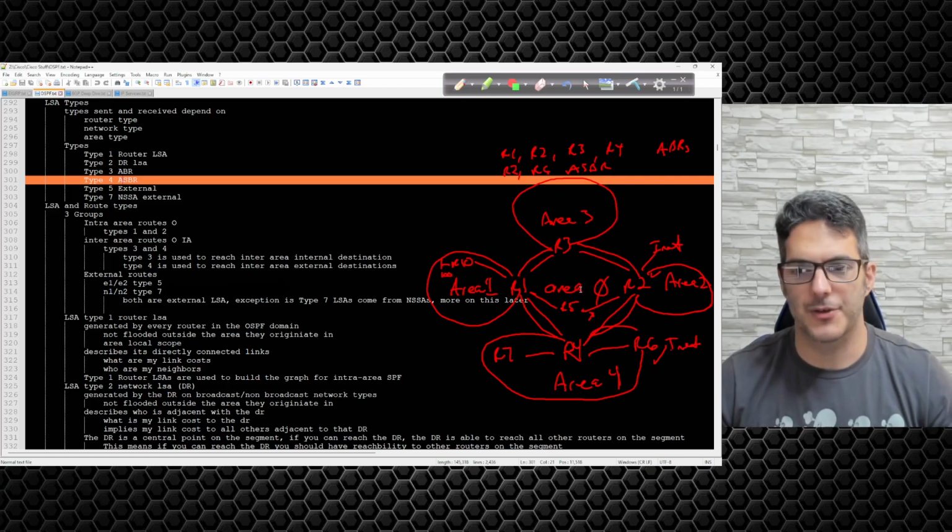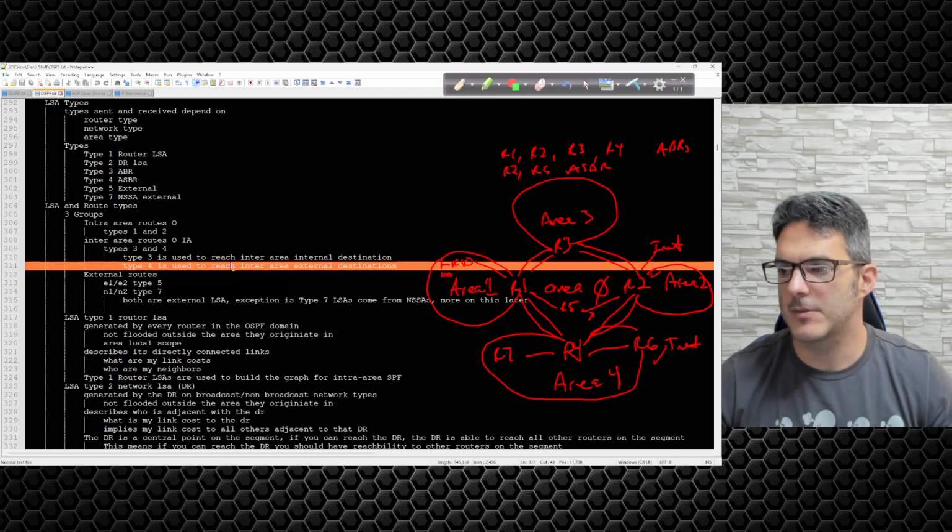So by default, you are going to end up having internal destinations. And then you're going to have type 4 LSAs generated for inter-area external destinations.